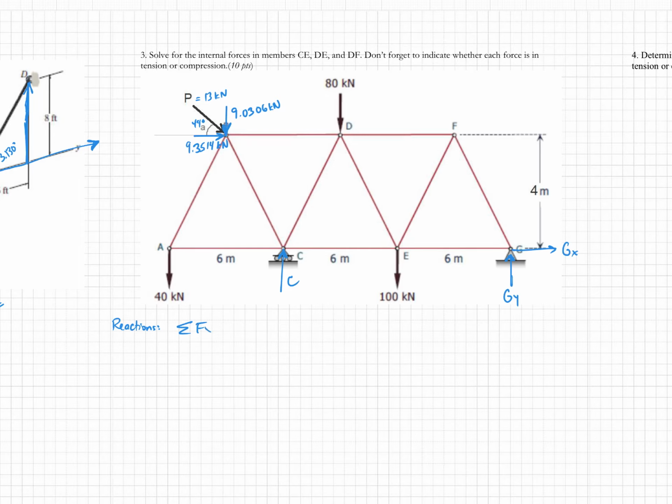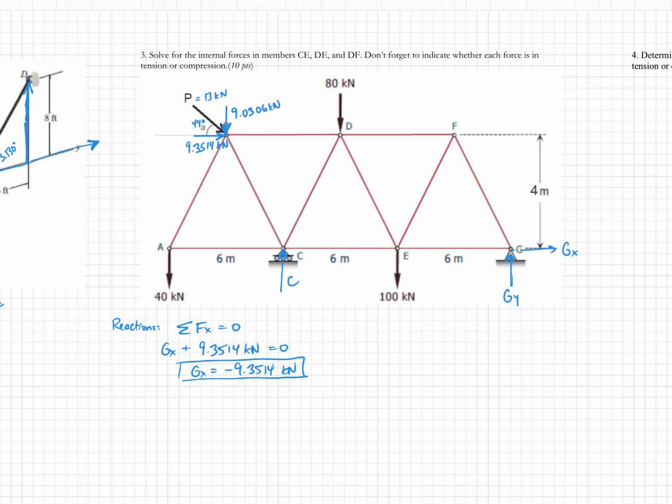The sum of the forces in the x direction equals 0. So I've got GX plus this 9.3514 kilonewtons equals 0. So GX equals negative 9.3514 kilonewtons. Okay, good.